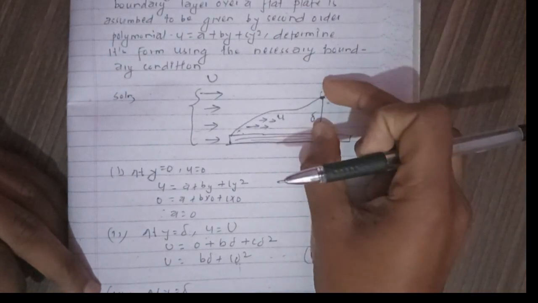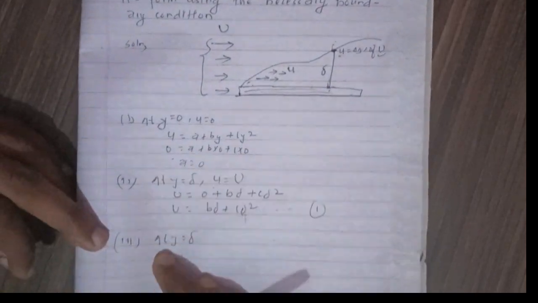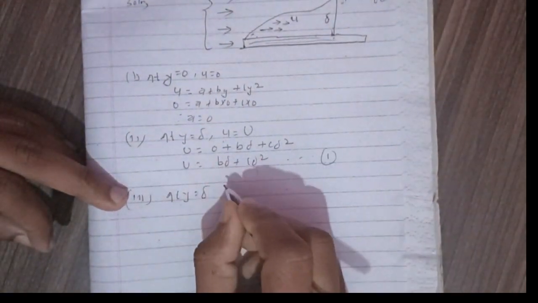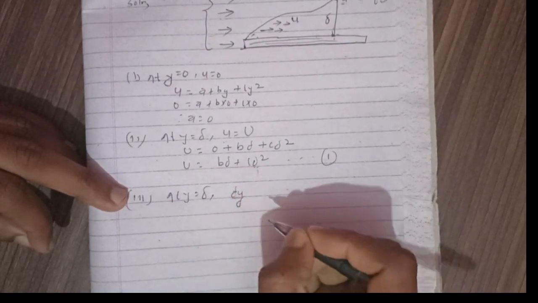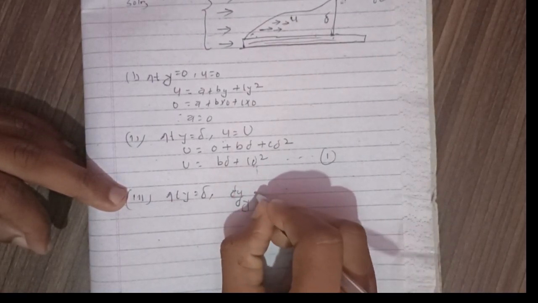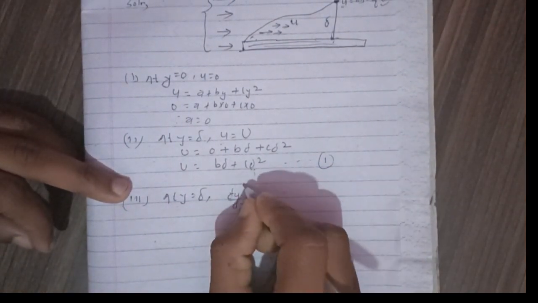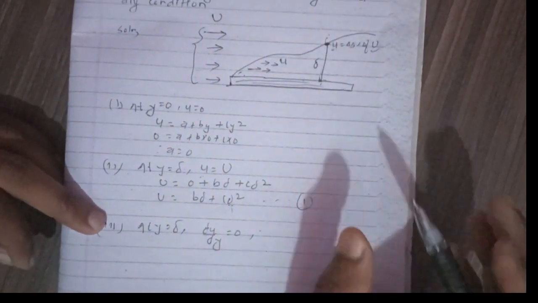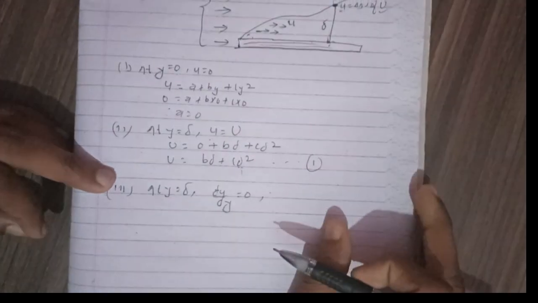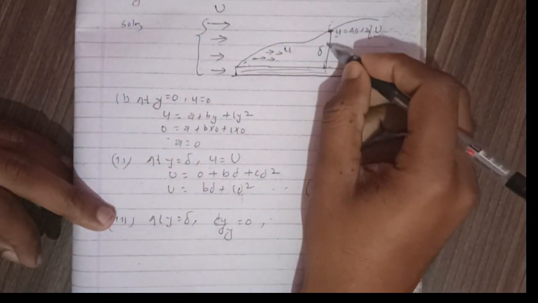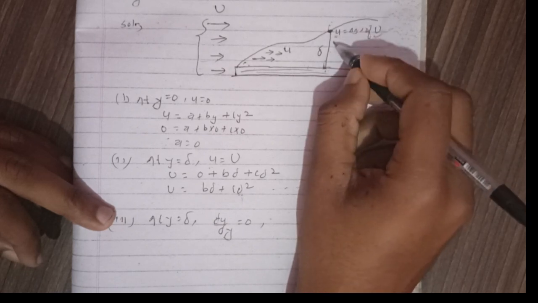Similarly, at y is equal to del, where del is the thickness of the boundary layer and y is the distance from the plate, there is also another condition, and that is du by dy is equal to 0. Now let's understand why it happens. See, this du by dy is a velocity gradient, which means the velocity increases according to distance. As distance y increases, velocity also increases.